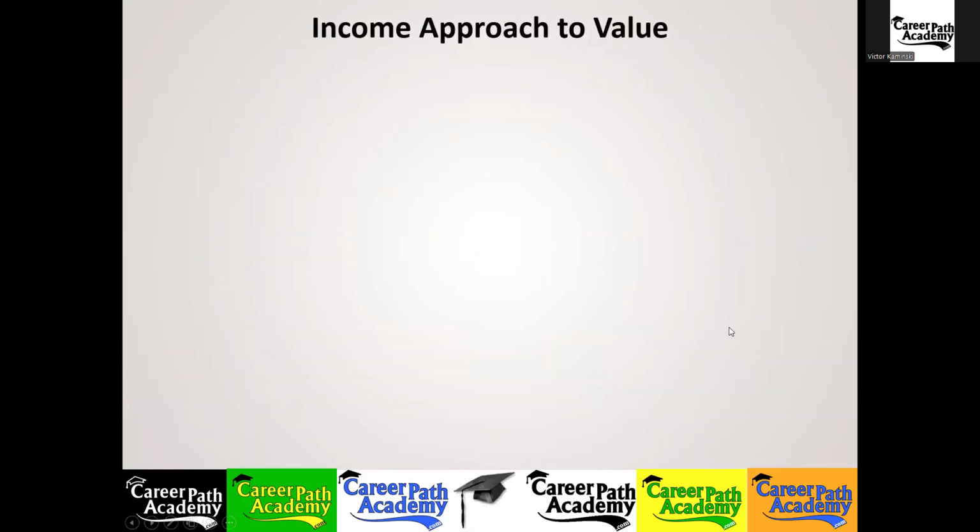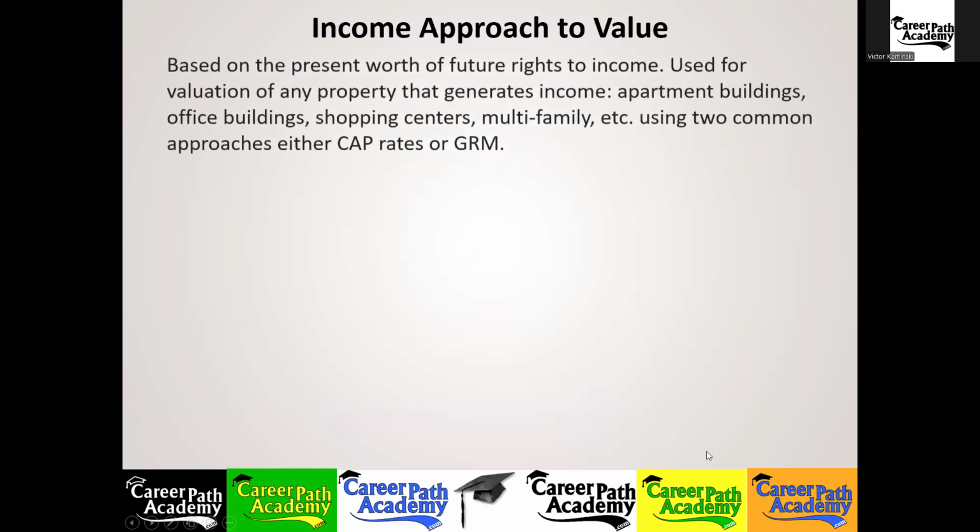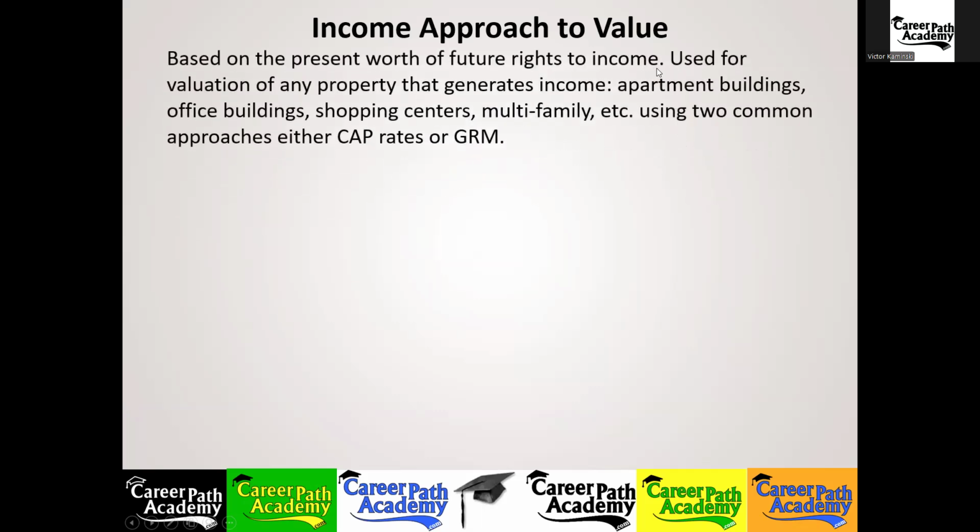So the income approach to value is based on the present worth of future rights to income, used for valuing a property that generates income, like apartment buildings, office buildings, shopping centers, multifamily houses, using 2 common approaches, either cap rates or the gross rent multiplier, GRM.